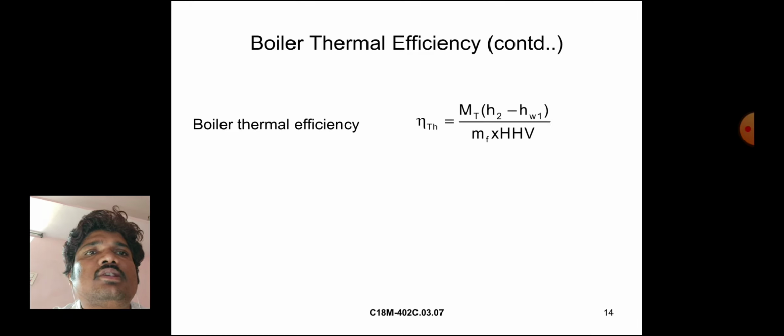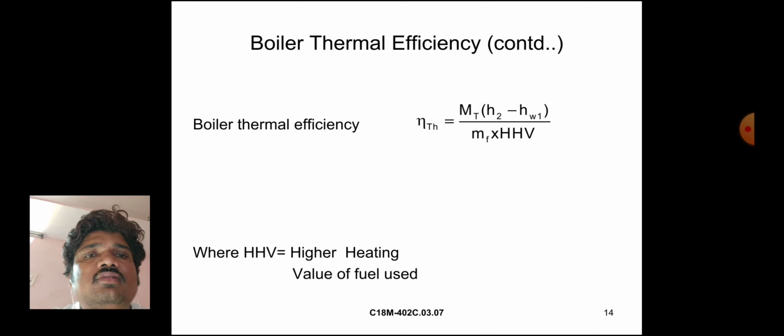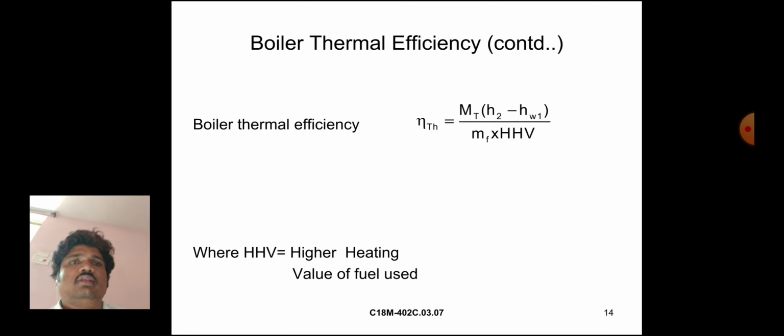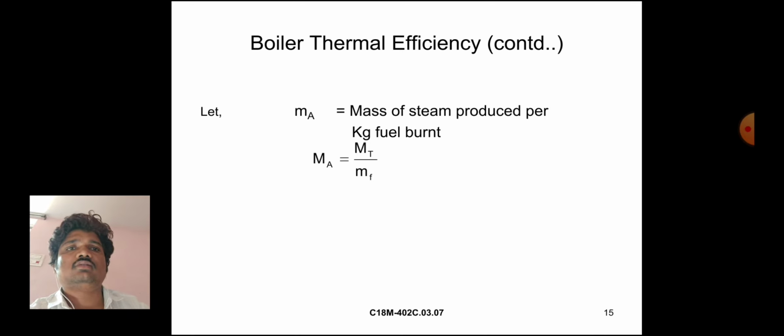Boiler thermal efficiency is equal to MT (H2 minus HW1) by MF into HHV, where HHV means higher heating value of fuel used.